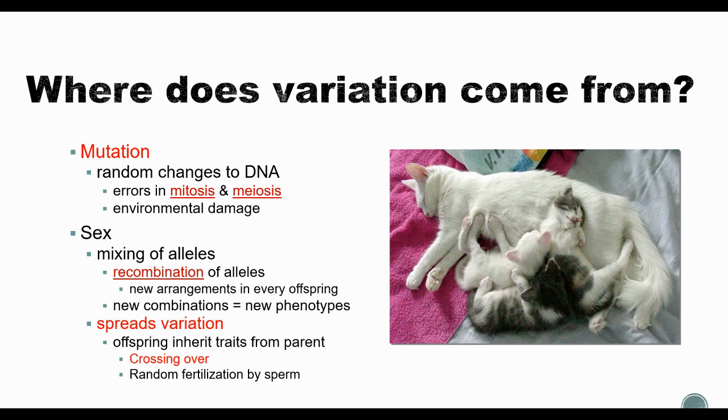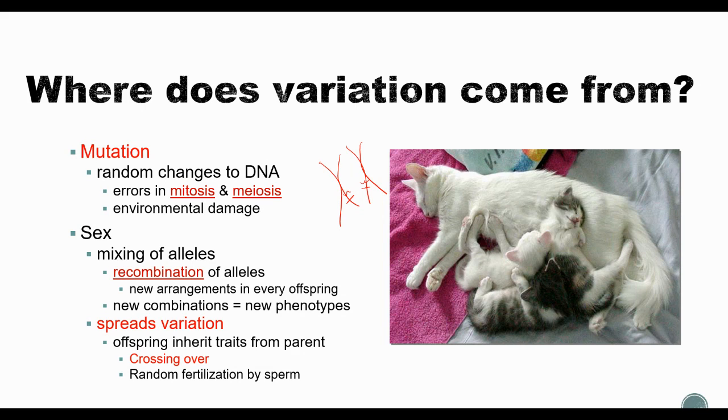In crossing over, we can have that variation transferred in a couple of different ways. Remember when we talked about crossing over, we might have our pair. And so if we have genes here, if we have crossing over that happens above that, those would switch places. So we would have them on different chromosomes. So that's going to allow for more variation.